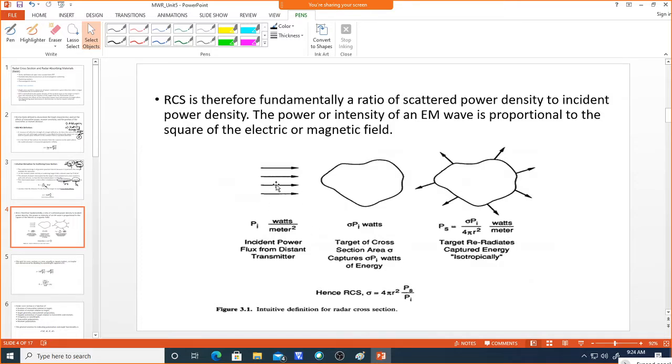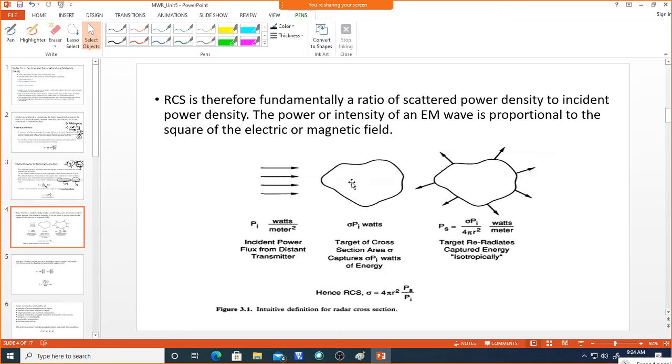Now you can see here, this is the plane wave incident from the source, with power density in watt per meter square. Whenever it is incident on the target, we assume the radar cross section of the target as sigma. The target cross section area is measured in meter square and represented by sigma.